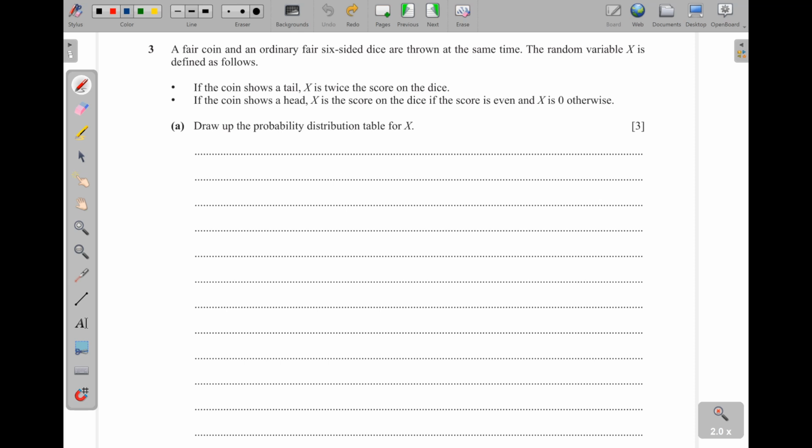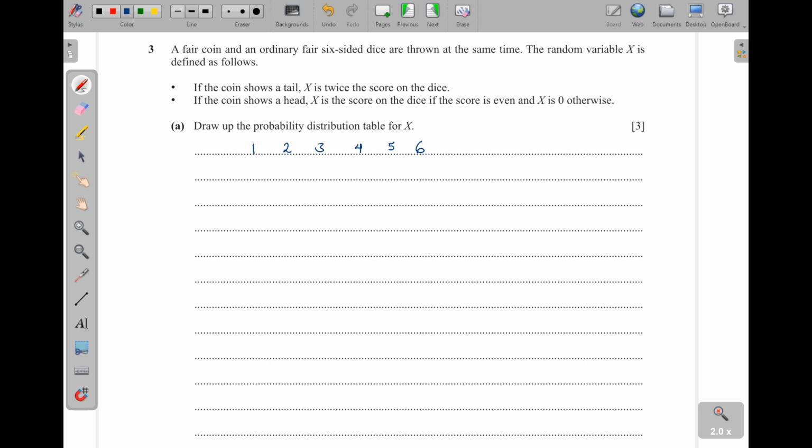Now, before we draw up the probability distribution table, we need to find what we call the possibility diagram. So let us first consider the possibility diagram. If this is the die, 1, 2, 3, 4, 5, 6, those are the outcomes.